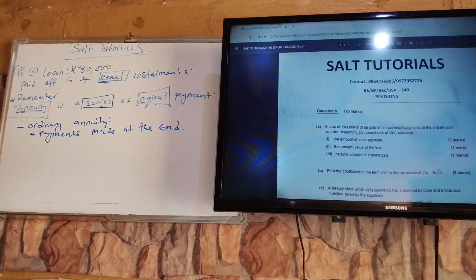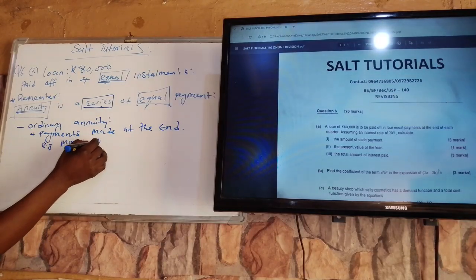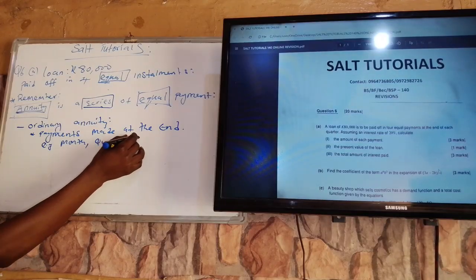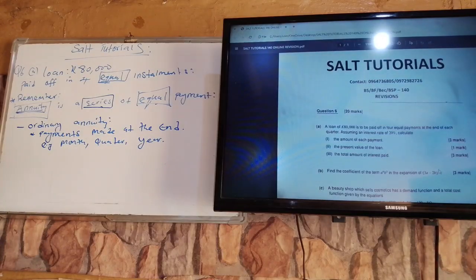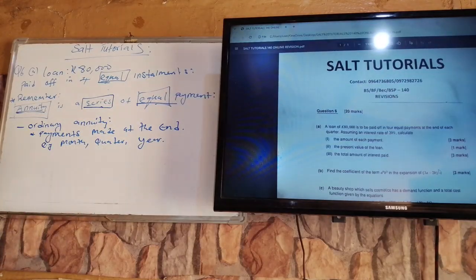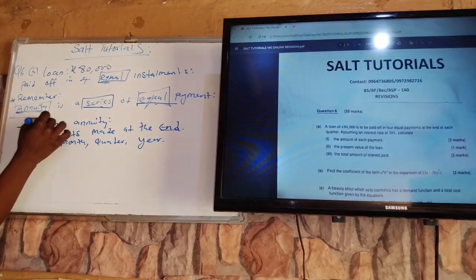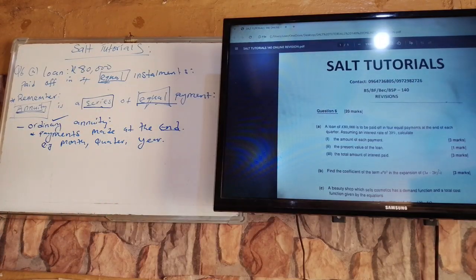It can be the end of a month, the end of a quarter, the end of a year, and so forth. As long as those equal payments are made at the end, then we're talking about an ordinary annuity.